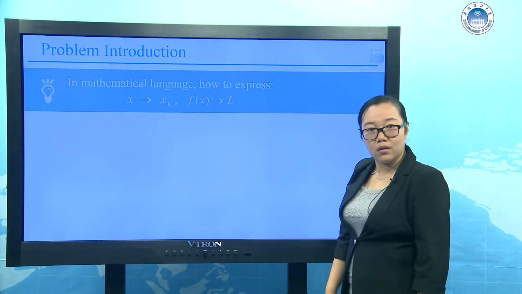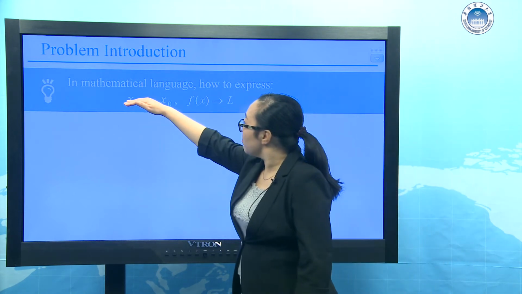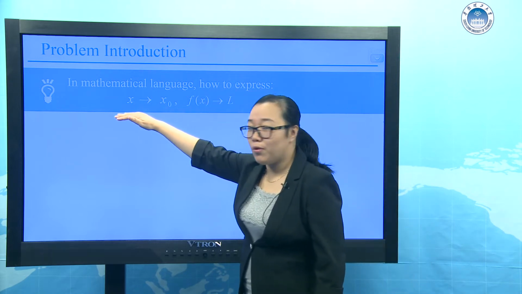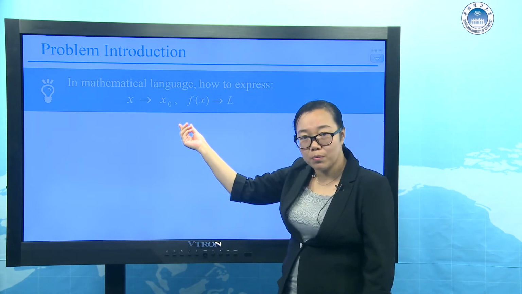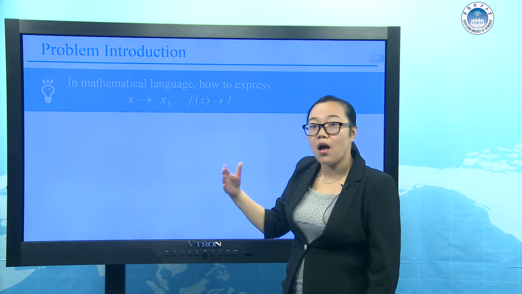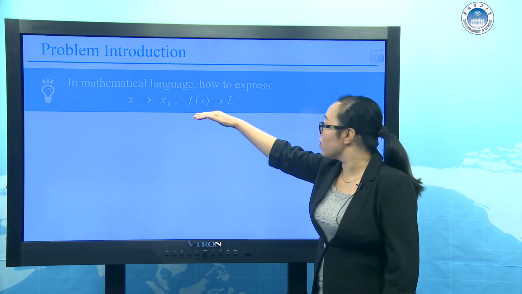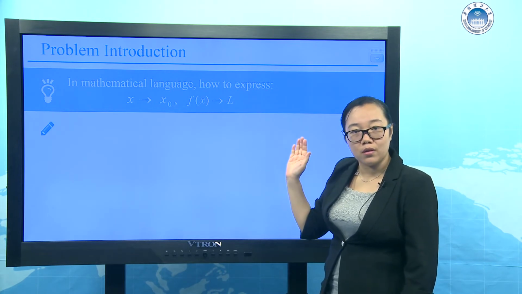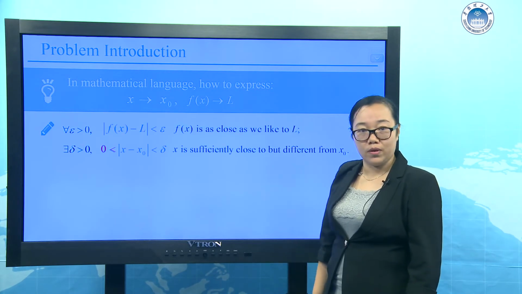Now look at, in mathematical language, how to express a variable approaching some fixed point x0. How to express that the function value tends to the capital L, at some fixed point, in mathematical language.